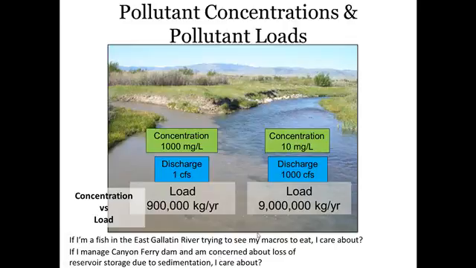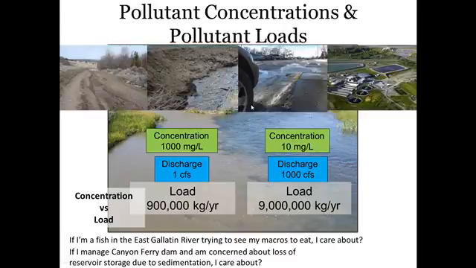And similarly, if I am a watershed coordinator managing the quality of the water downstream after these tributaries have mixed, I don't care about the concentration in those smaller tributaries. I want to have equal footing to compare all of these different loads from all of these different sources across these tributaries on even terms, so that I can know where to put my effort to try and address the biggest bang for my buck.